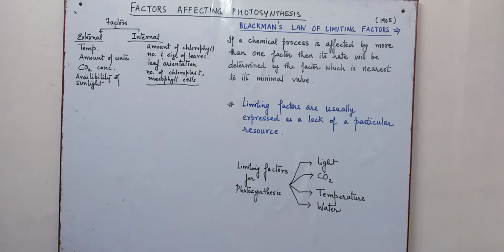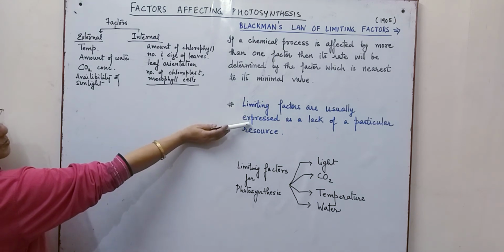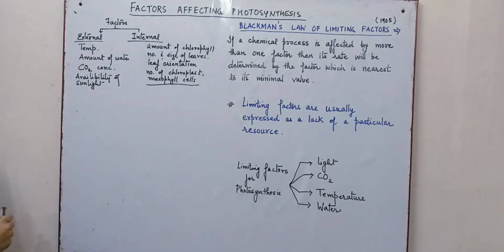So that factor will be the limiting factor. And limiting factors are usually expressed as a lack of a particular resource. So it is the factor that directly affects the process if its quantity is changed.